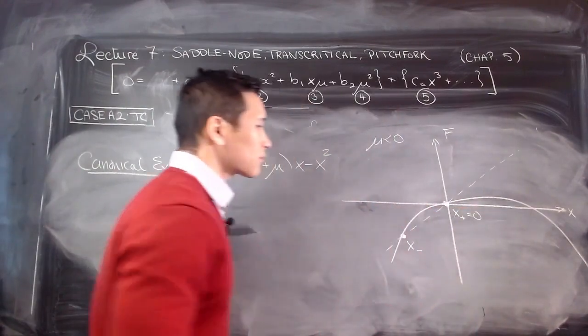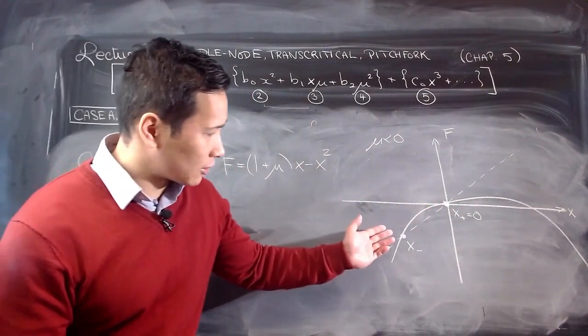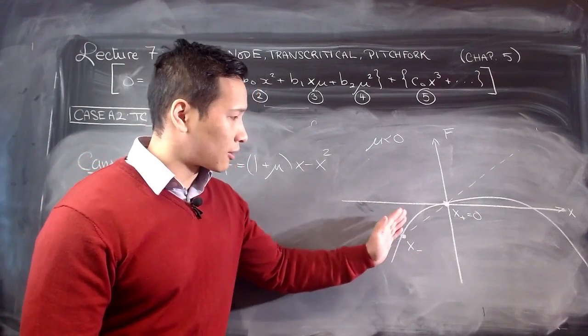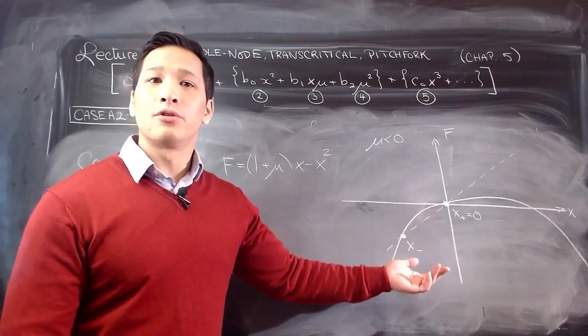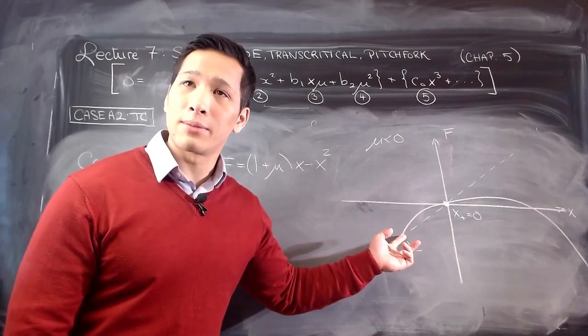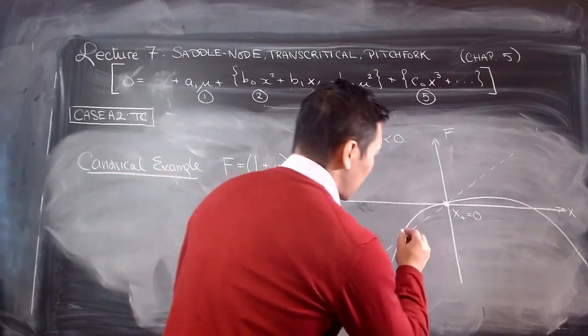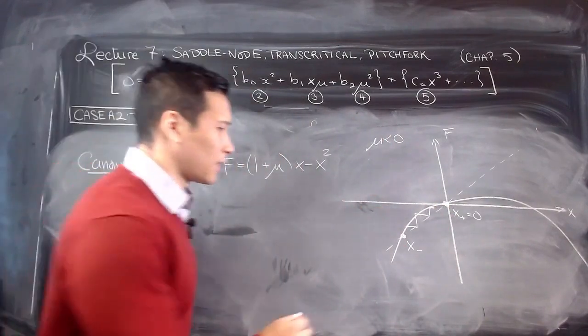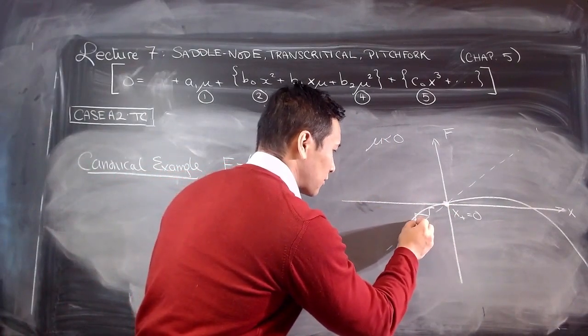The key thing to notice is, again, always look at the gradients of the function. This is a steep gradient here compared to the line y equals x. So you know that this will be unstable, right? You know that the cobwebs will move away from that fixed point.